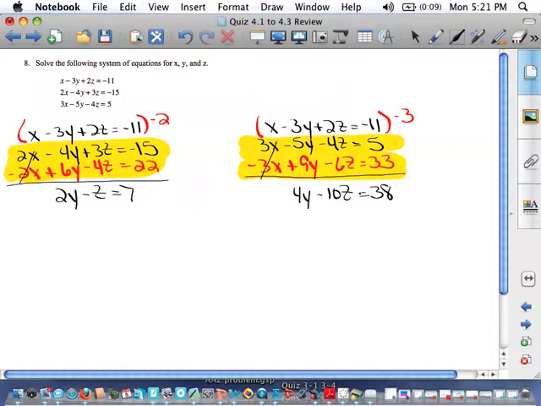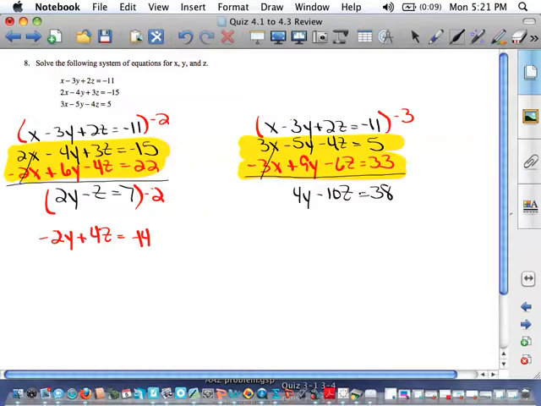So when we look at this, I can either cancel the y or the z. Either is fairly easy. If I take this first equation on the left and I multiply that by negative 2, I'm going to get negative 2y plus 4z equals negative 4, or excuse me, negative 14.